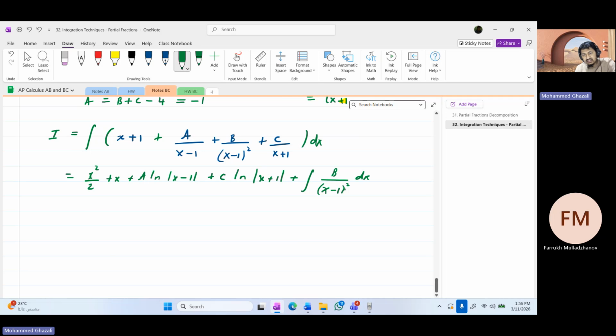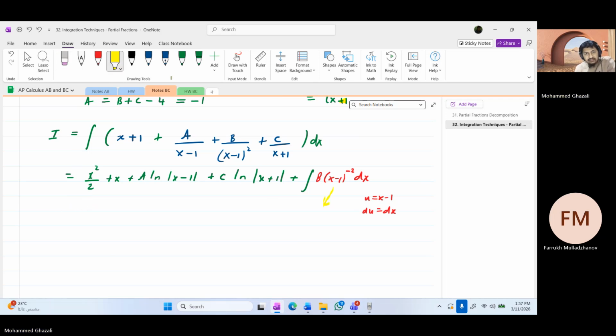But you already know this. Let u equal x minus 1. du is equal to dx. So you are rewriting this integral like this, b u to the power minus 2. I'm going to solve that side of the integral first, and then I'll write down the total answer.